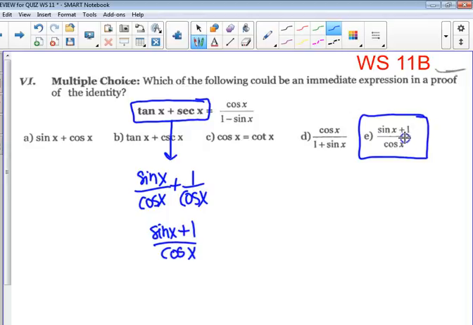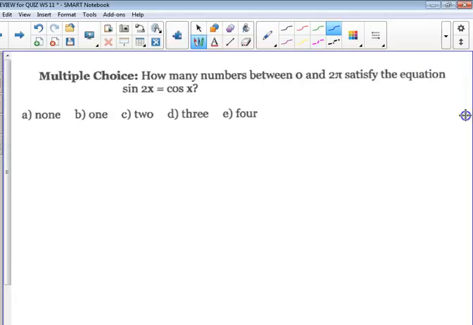Okay, not one like that on the quiz, guys. If you had to finish that proof, it gets messy. You have to multiply top and bottom by like 1 minus sine or something. We're just not going to go there. Oh, it's not that bad. It's just a proof. But yeah, we could finish it. I don't know how much trading you have to do.